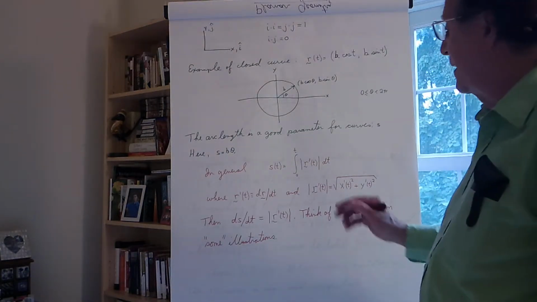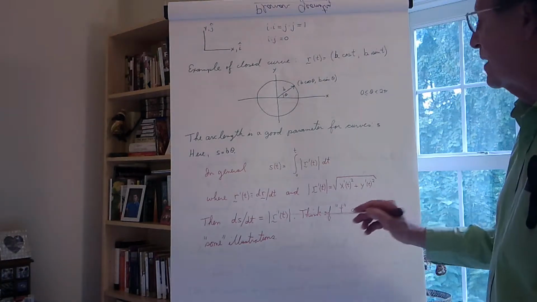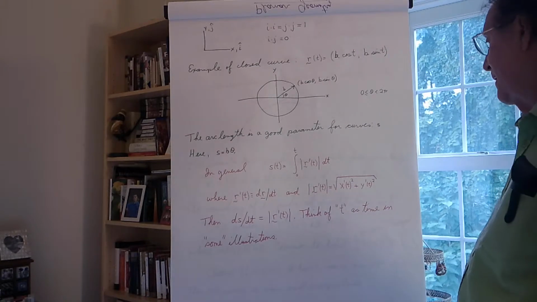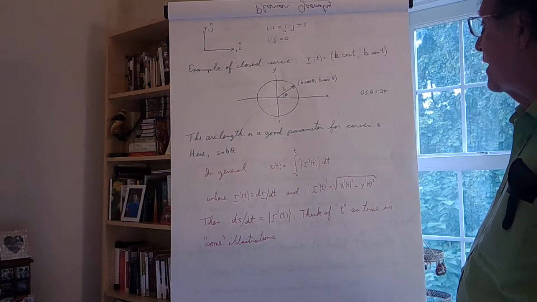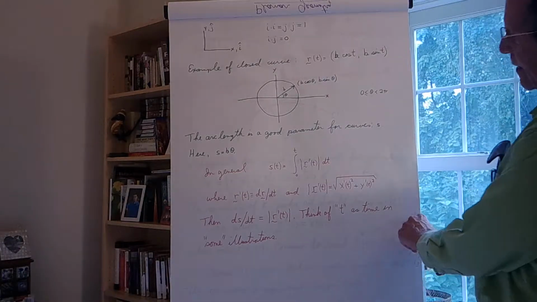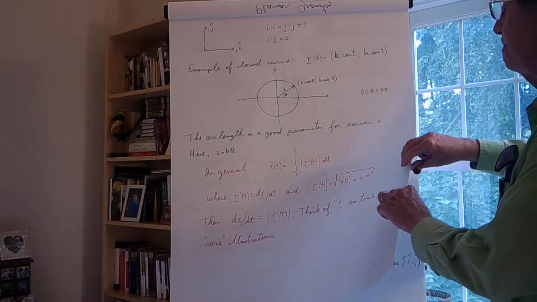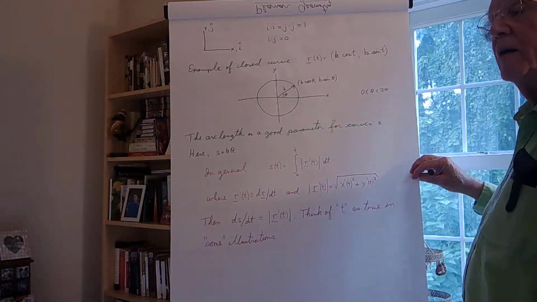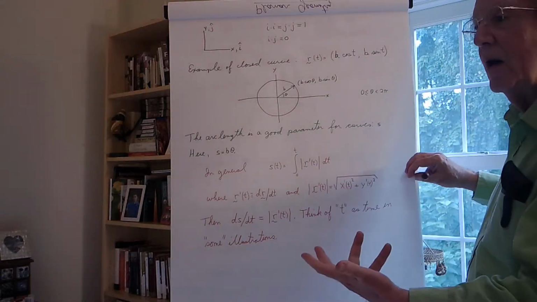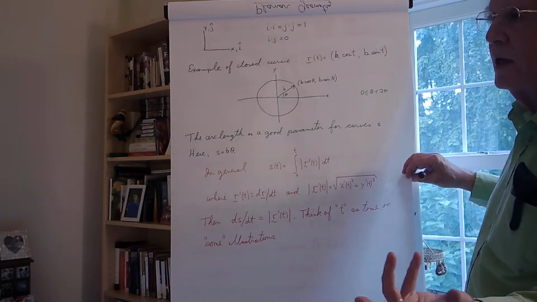Well, if I do that, then ds/dt is just the speed, and the speed is just the magnitude of the velocity. That illustrates the construction of the arc length, and we're going to use it again and again. If we're not going to be using the arc length, then it's just a question of changing variables to get to the other variable that we might want to use.